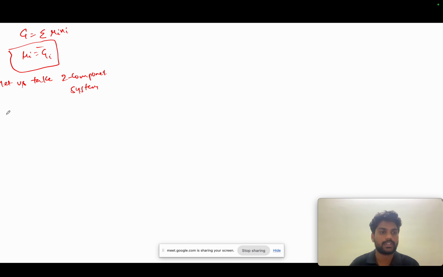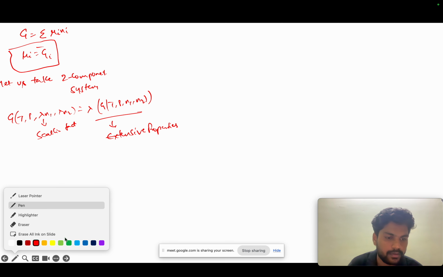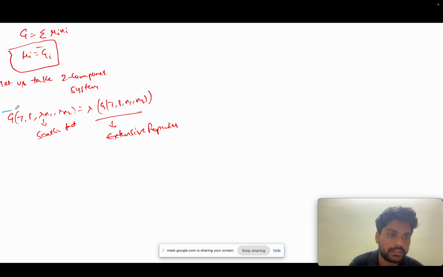Suppose G of T comma P comma lambda n1 comma lambda n2, where lambda is nothing but a scaling factor, which is a constant value, is equal to lambda times G of T comma P comma n1 comma n2, as these are all extensive properties. So this is the basic equation which we are considering.